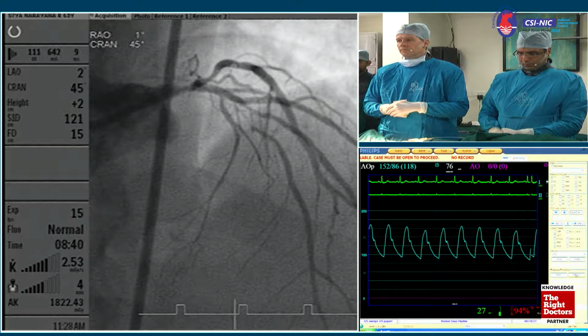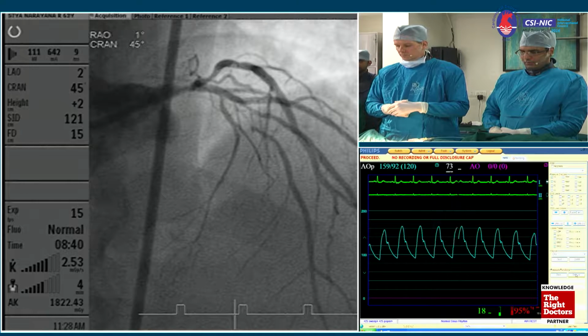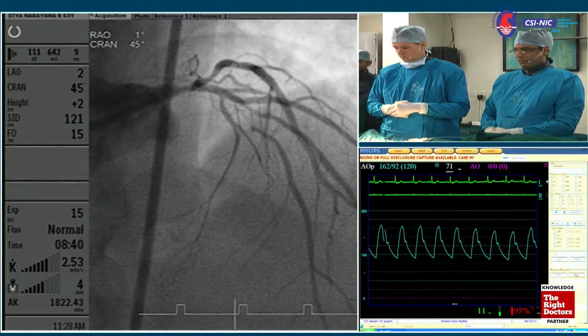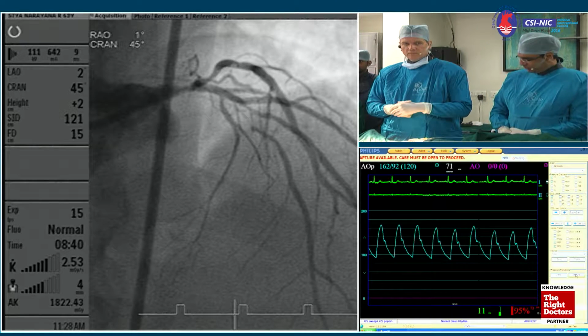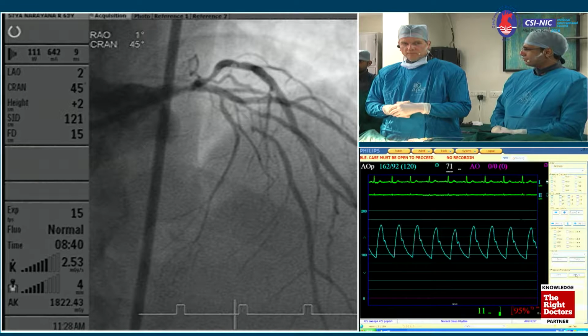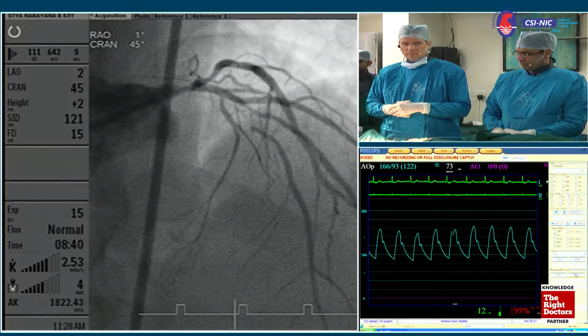I would personally think that in a country like India, because of the cost involved, surgery would be a better option. Anyhow, I can see the vessels are not calcified. I think it's a very doable case. It's a very nice and challenging case, and I would love to see the outcome.